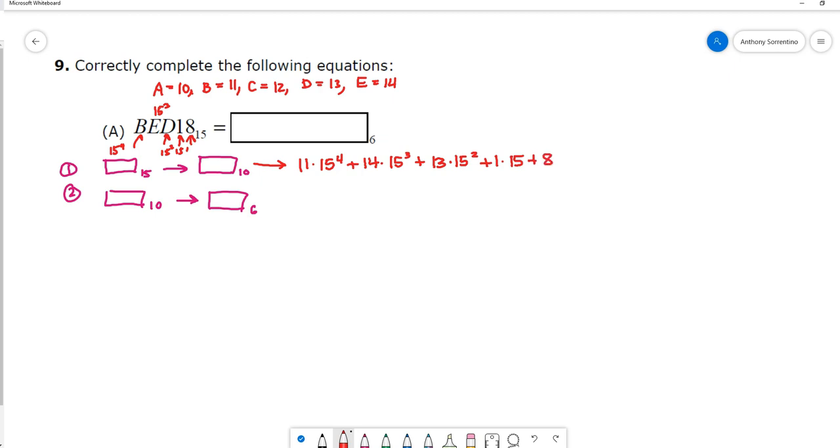So I would work out that problem first, and this gives me 607,073 in base 10.